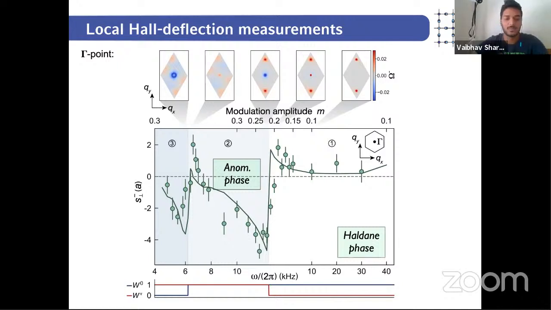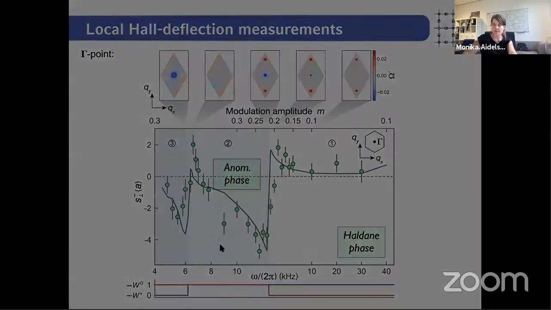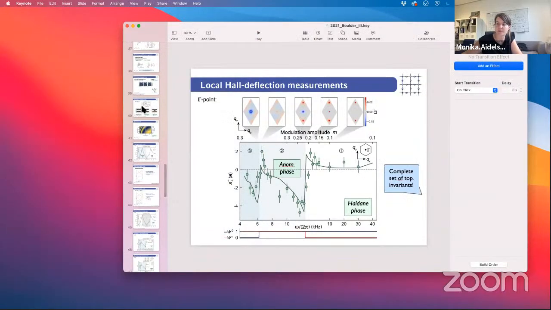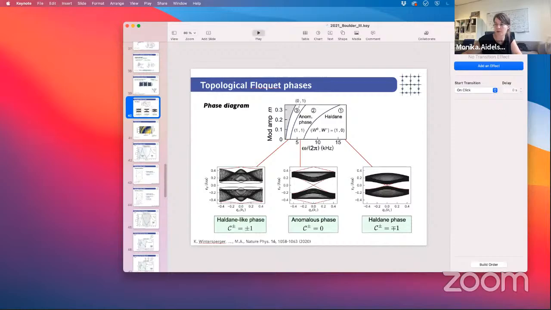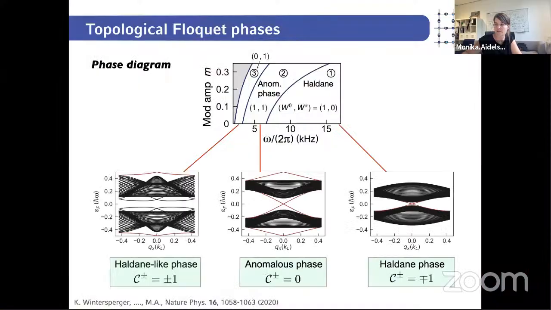Could you comment on what happens as you take this omega to 0? Do you see more phases or what happens? Yeah, so it becomes more and more complicated because, let me go back to this phase diagram here. If you follow this argument that these new phases appear because you shift the Floquet copies more and more into each other, or if you want a different picture, you could also think about your original band structure.